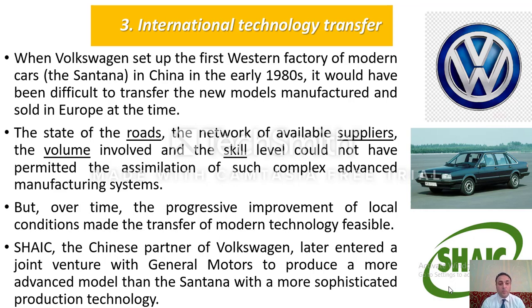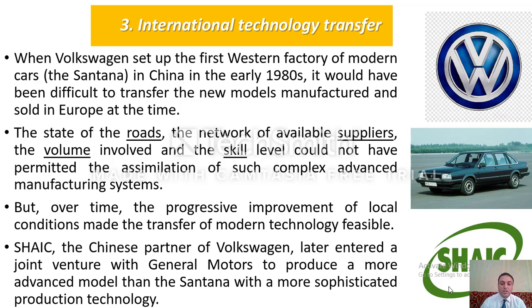For example, when Volkswagen, a German car manufacturer, set up the first Western factory of modern cars, called Santana, in China in the early 80s, it would have been difficult to transfer the new models manufactured and sold in Europe at this time. Why? Because the state of roads in China, the network of available suppliers, the volume involved, and the skill level couldn't have permitted the assimilation of such complex advanced manufacturing systems.